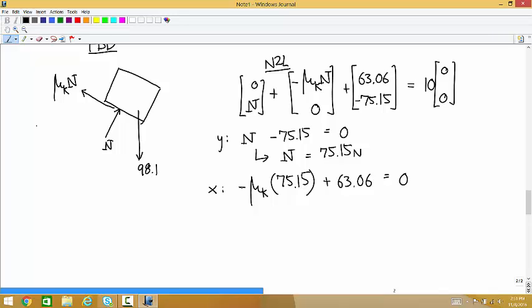I'll add mu sub k times 75.15 to both sides. So we get 63.06 is equal to mu sub k times 75.15. And now divide both sides by 75.15. And what do you get for this?